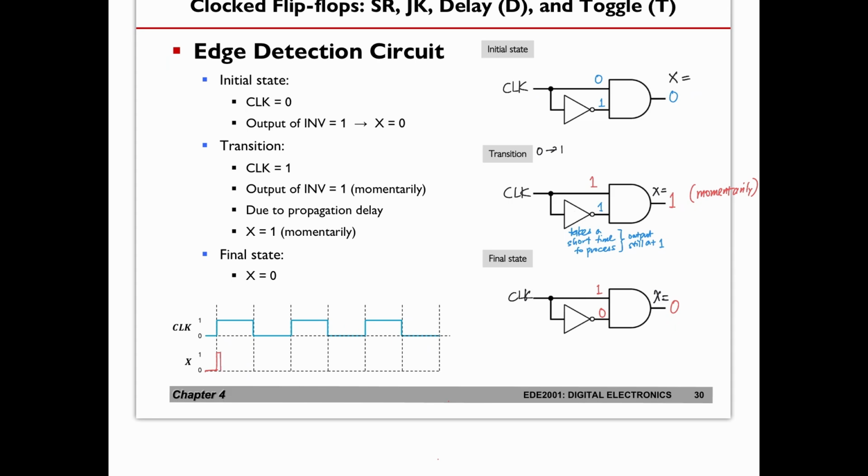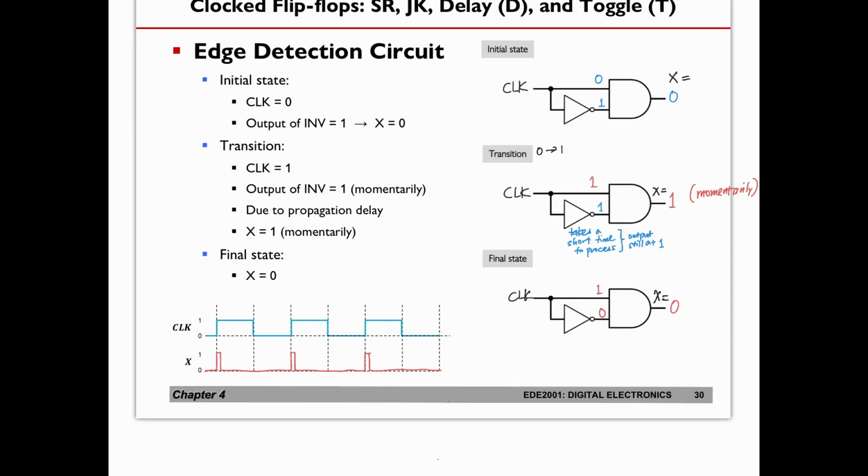Then after that, no changes here until the next clock transition from 0 to 1. Then the X goes up again and comes down in a short while, which is pretty much equivalent to the propagation delay of the NOT gate. Similarly here, what we have is a very short spike.